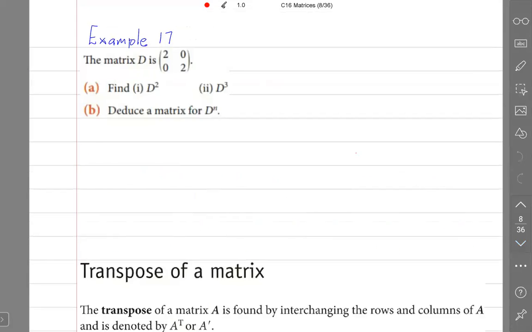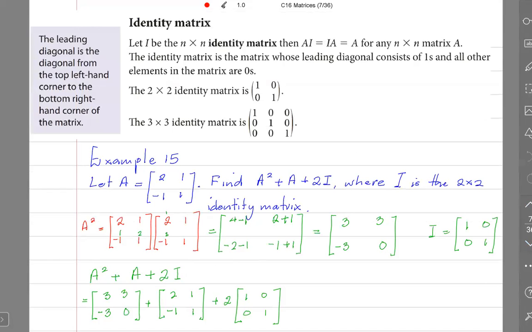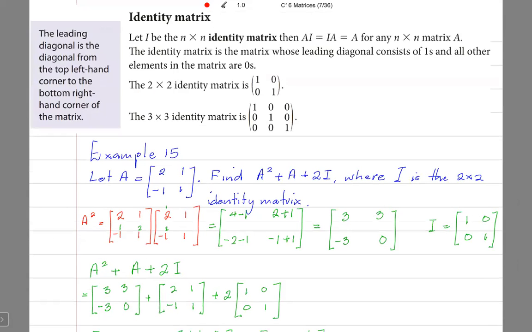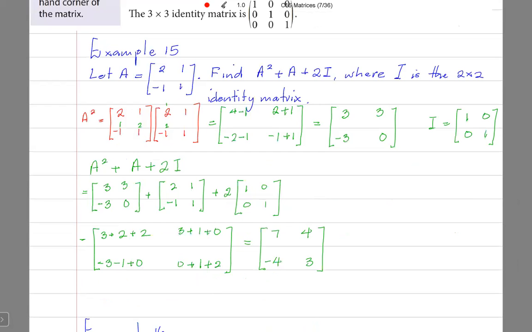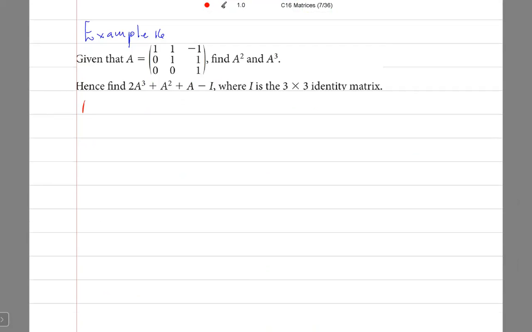All right, so we need to get all of it done on this side. So let's start out by finding A squared. A squared would be A multiplied by A.